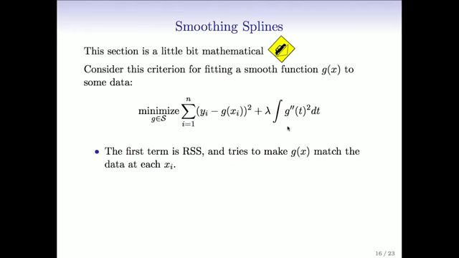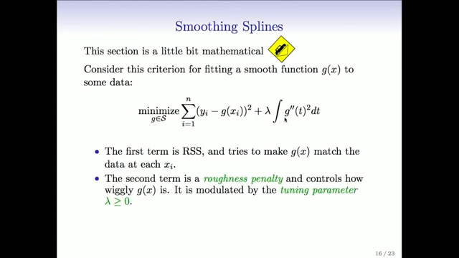Second derivatives pick up wiggles of the function, for example departures from linearity. If you square it, it gets rid of the sign, and integrate means add them up. So it adds up all nonlinearities in the function. And this lambda is called the roughness penalty, and it modulates how much of this penalty you're imposing. We call it a tuning parameter, and lambda is bigger than or equal to 0.